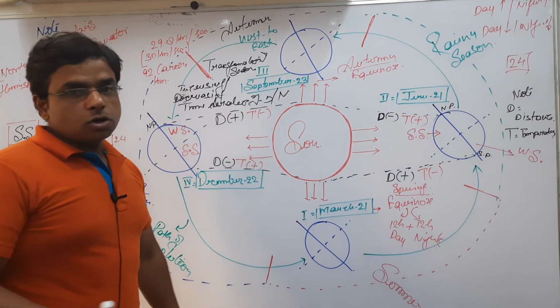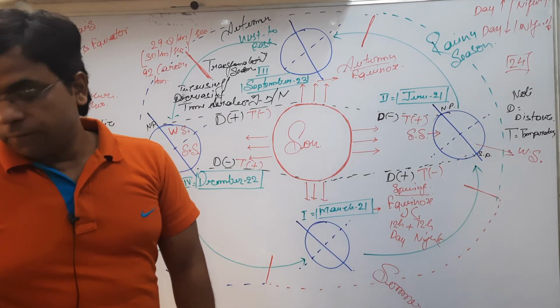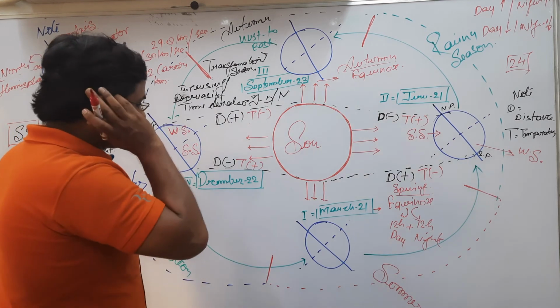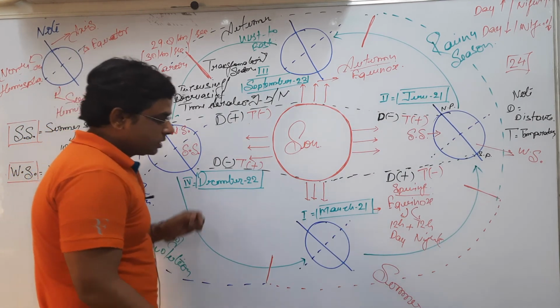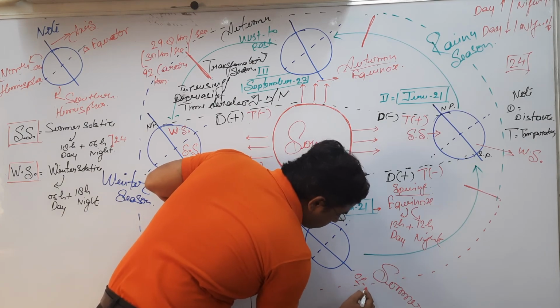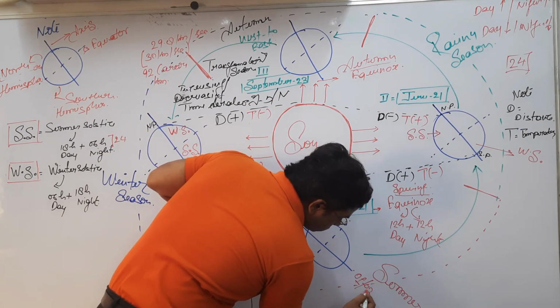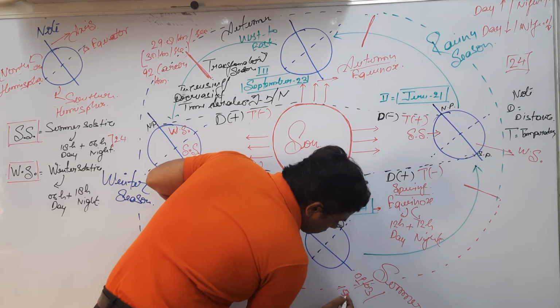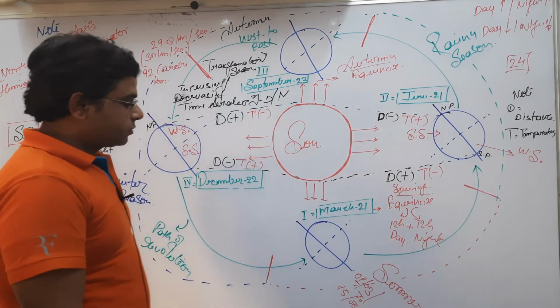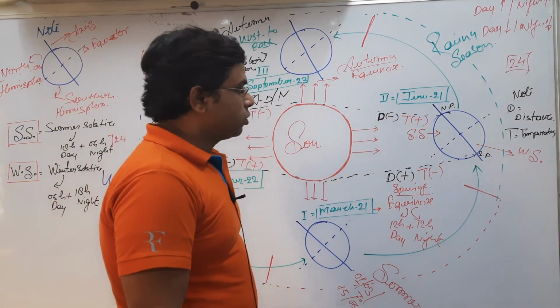So because of the revolution, we have our four seasons, and the first season out of the four is the summer season, which we assume to start from the 1st of March to the 15th of June.